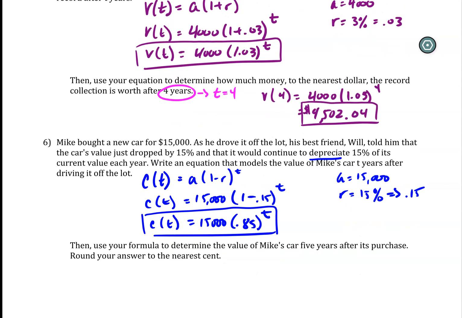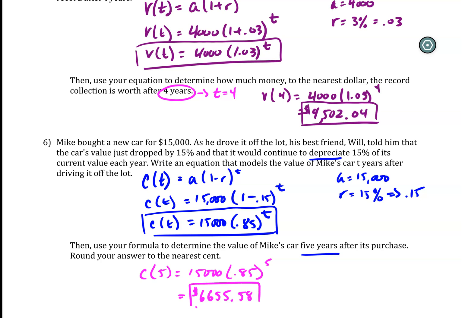So then the question says, can we use this formula to determine Mike's car value after 5 years? So now I'm going to say C of 5. That's going to be 15,000 times 0.85 to the 5th power. Let's plug that into the calculator and see what we get. I'm getting, again, it's money, so $6,655.58.